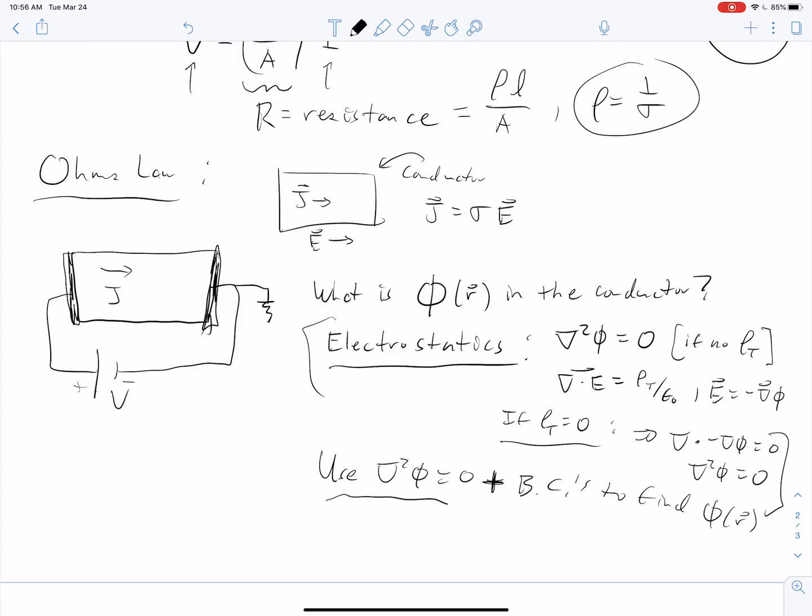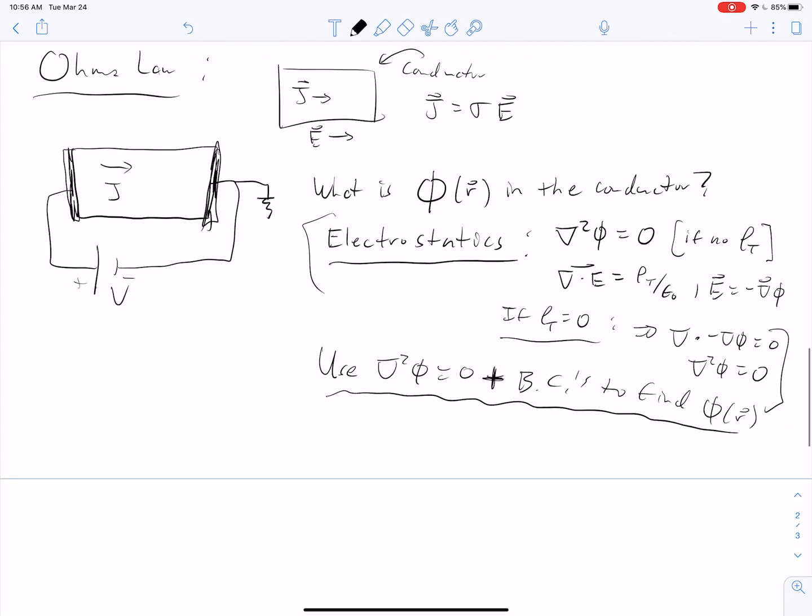So we spent a bunch of time doing that, and you're probably wondering, can you still use all those tricks? Do all the tricks that we learned in this class for electrostatics still work? Because now everything's different: before we had no current, before we had J equals 0, but now we have J not equal to 0.